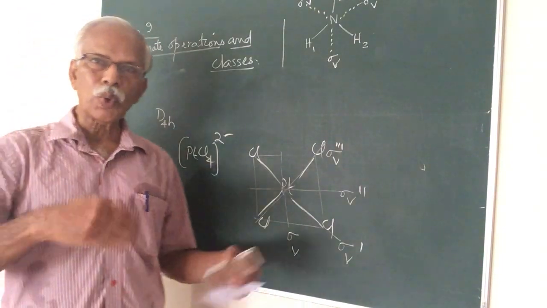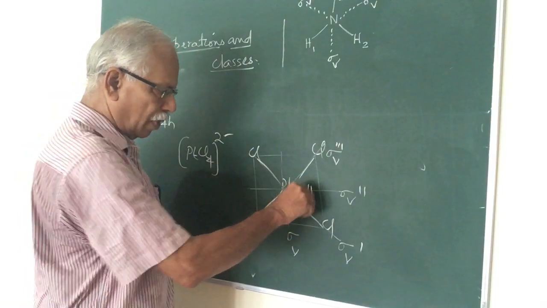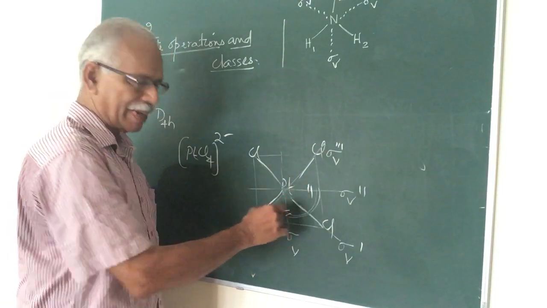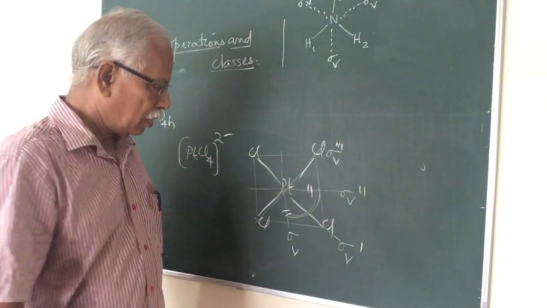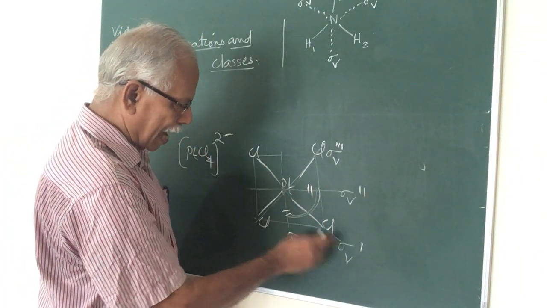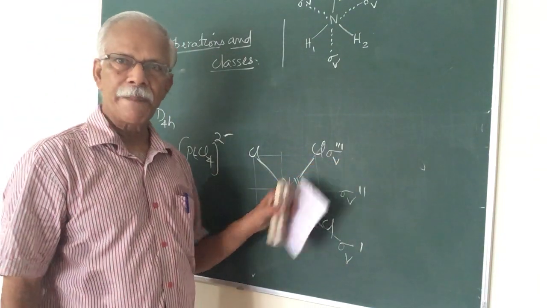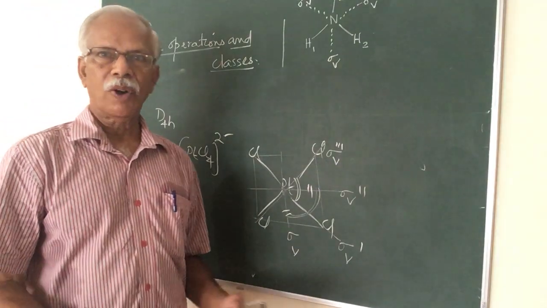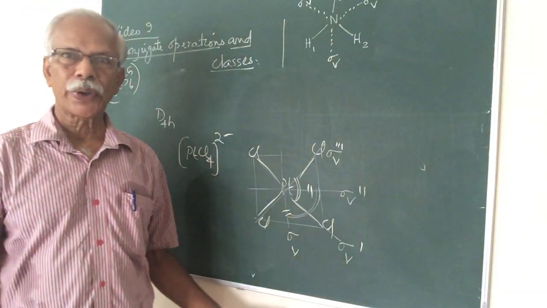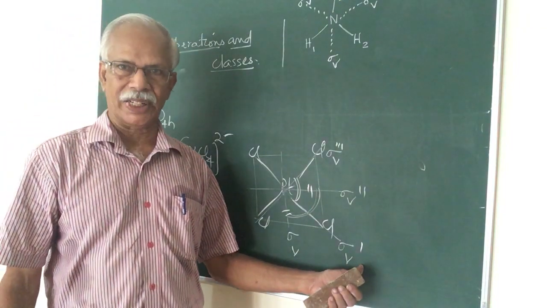Here we have two sets of equivalent operations. Sigma V and sigma V2 dash can be mutually exchanged by a C4 operation. So also sigma V dash and sigma V3 dash can be exchanged by a 90-degree rotation. But there is no operation existing in the molecule to exchange sigma V with sigma V dash.